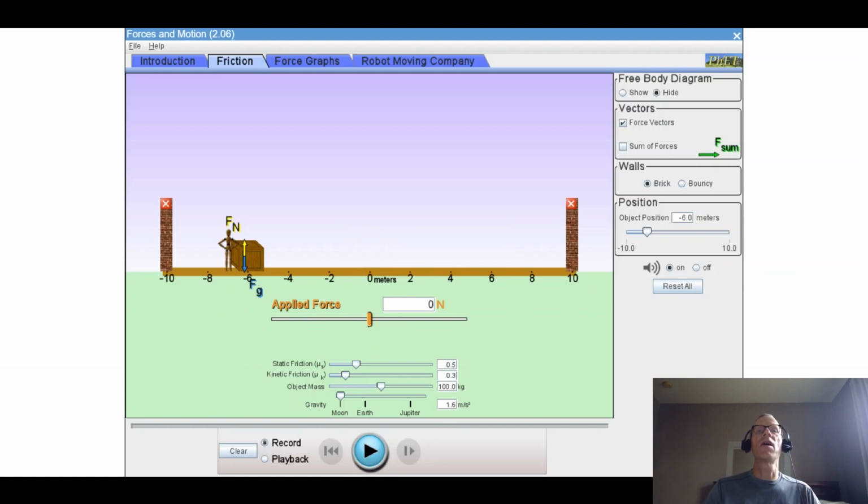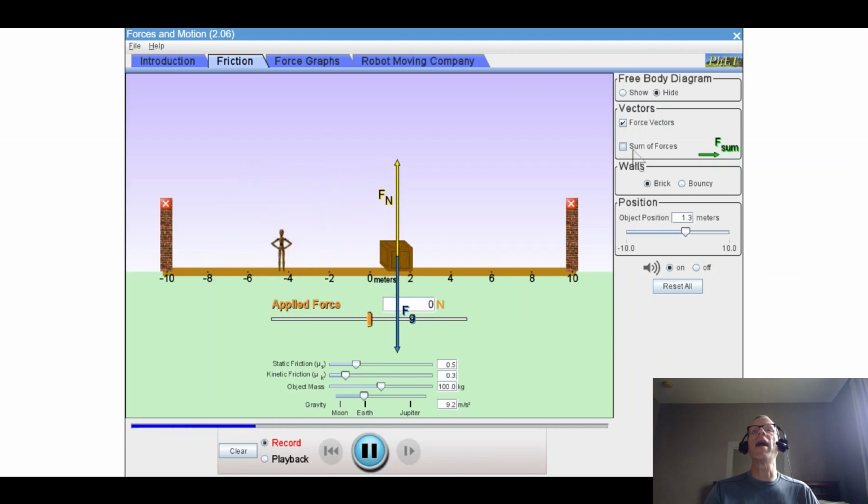where the static coefficient of friction is 0.5, the coefficient of kinetic friction is 0.3, and the box is 100 kilograms. Just to remind us what happens on Earth: at about 500, the box starts to accelerate, and the friction arrow is that length.